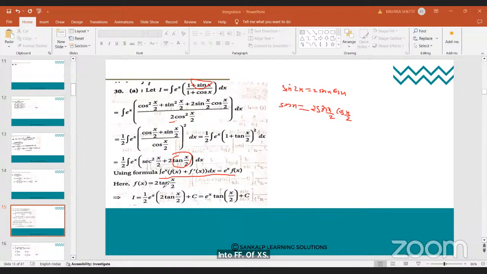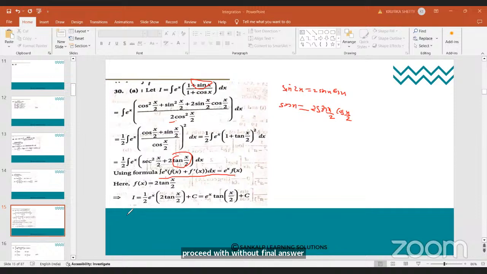So here f of x is equal to 2 tan x by 2, and I will be equal to 1 by 2 as it is, e raised to x 2 tan x by 2 plus c, which is again equal to e raised to x tan x by 2 plus c. This will be the final answer.